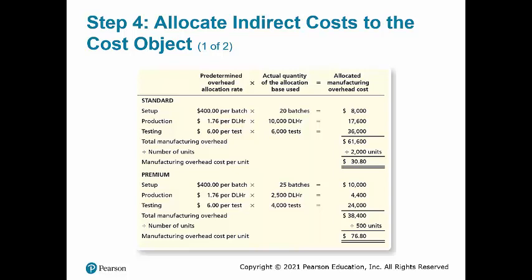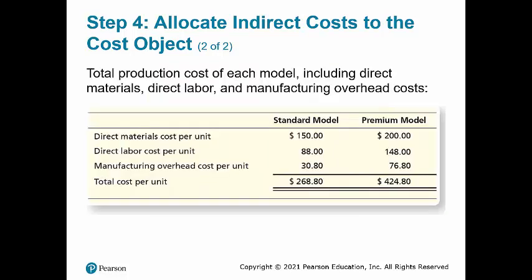Dividing it by 500 units gives us $76.80 in manufacturing overhead per unit for the premium tablets. This slide shows us the total cost per unit for standard and premium models. We took the manufacturing overhead cost per unit that we calculated in the previous slide, added it to direct materials cost and direct labor cost per unit, and that gives us our total cost per unit.